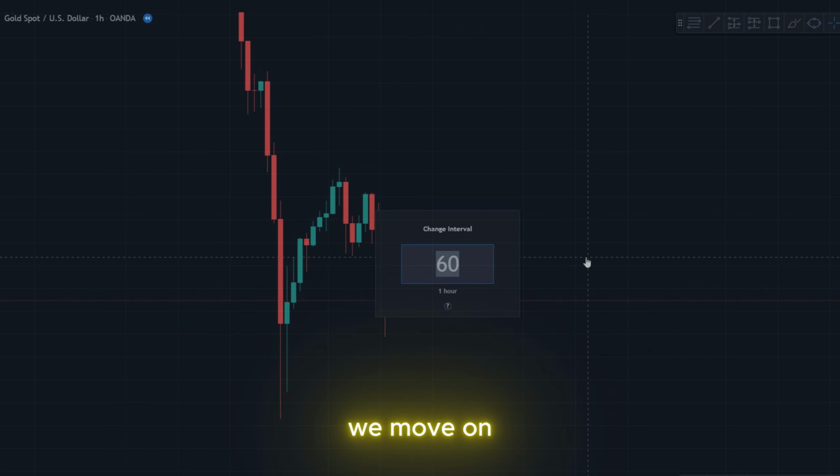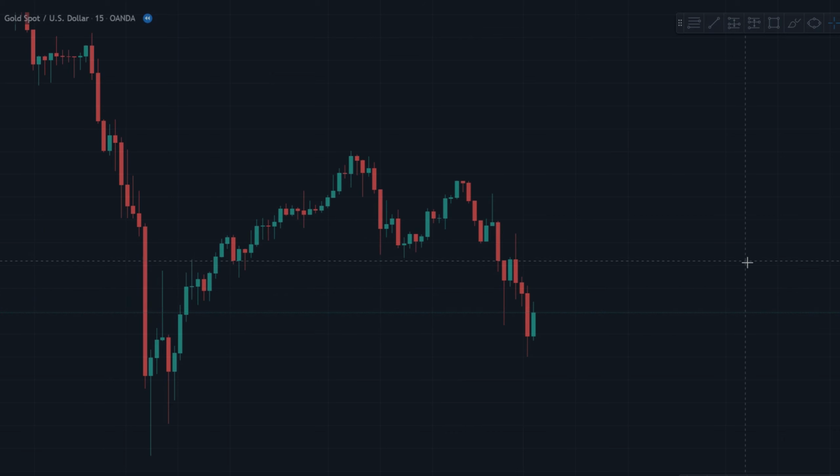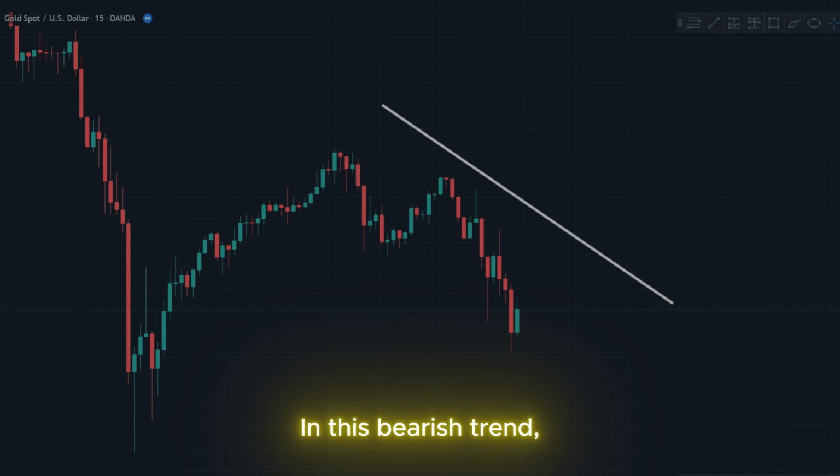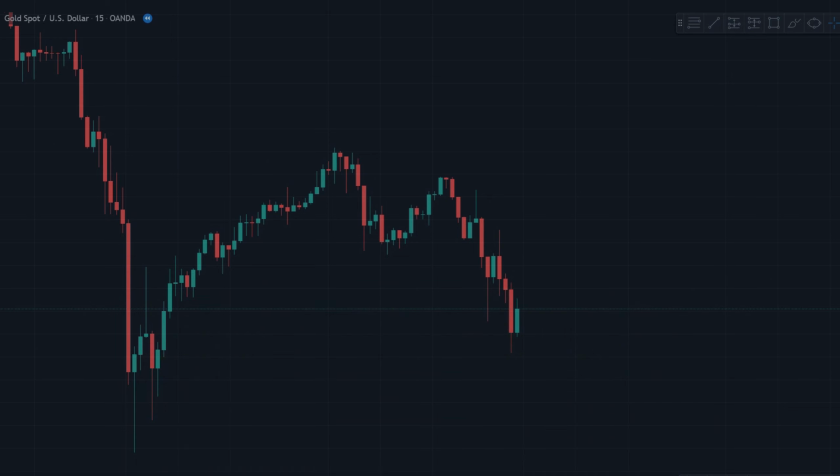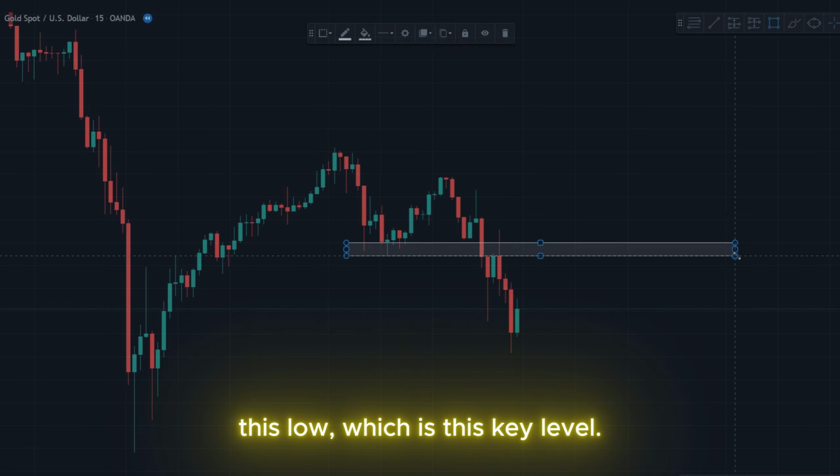We move on to the 15-minute time frame. In this bearish trend, if the price retraces to retest, it typically retraces to one of 2 places. First, this low, which is this key level.